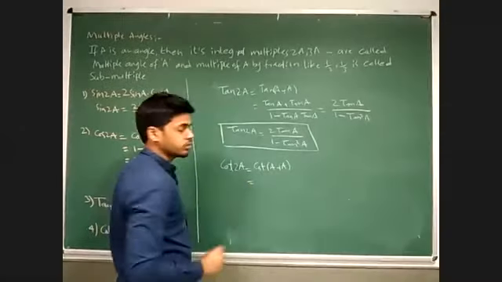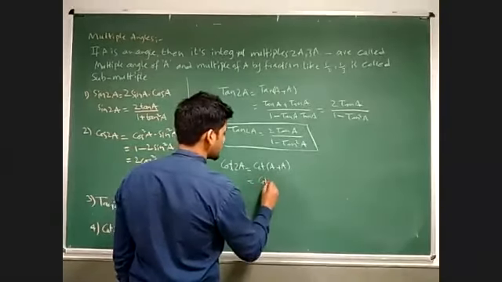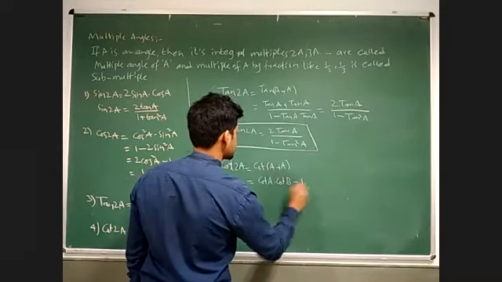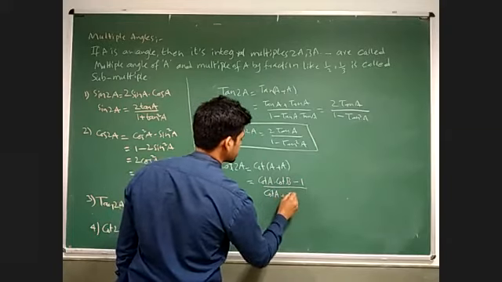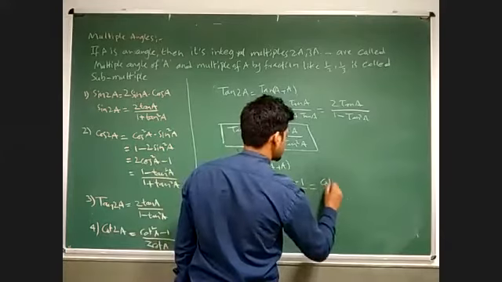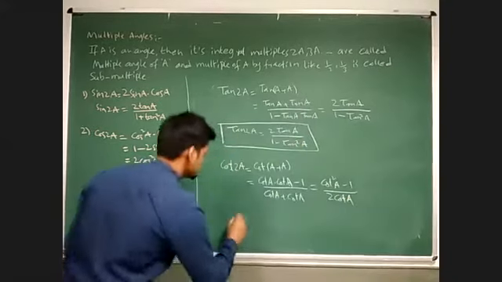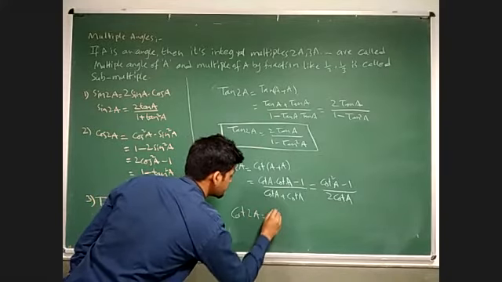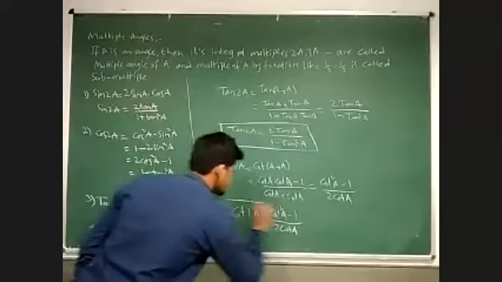I know the compound angle formula of cot(A plus B), that is cot A into cot B minus 1 over cot A plus cot B. Here, cot A plus cot A will be 2 cot A. So here you will have cot square A minus 1 over 2 times cot A. So you got cot 2A is nothing but cot square A minus 1 over 2 cot A.